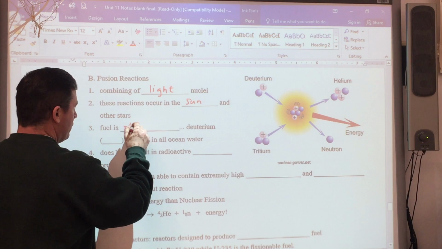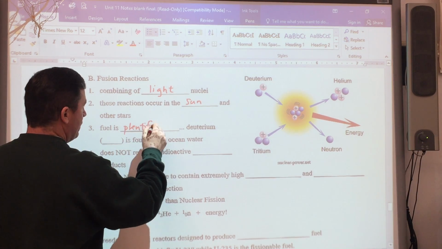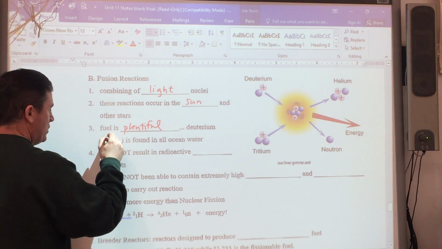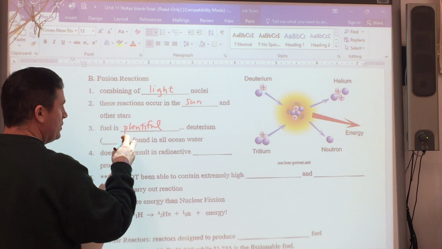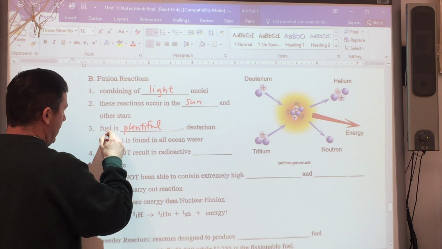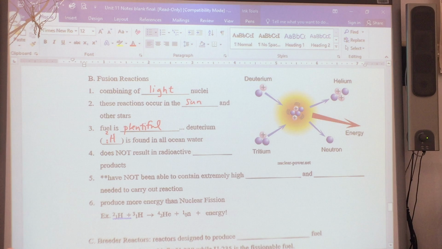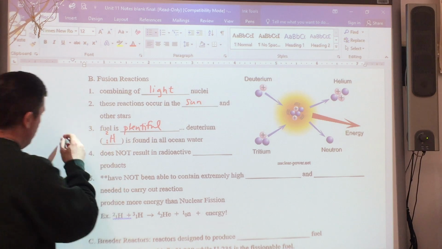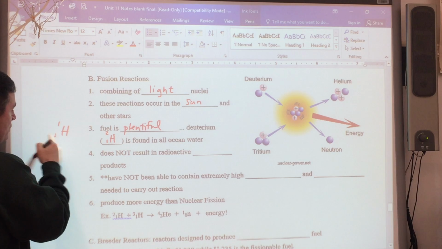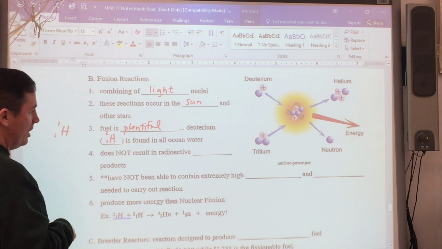And on Earth, the fuel for this is plentiful. There's lots of it. Deuterium, which is in water, that's heavy water. Deuterium is hydrogen, except it has one neutron and one proton. Okay? Regular hydrogen has one proton and 0 neutrons.